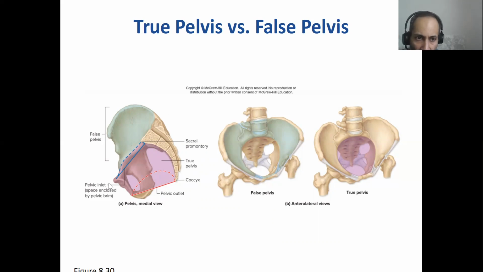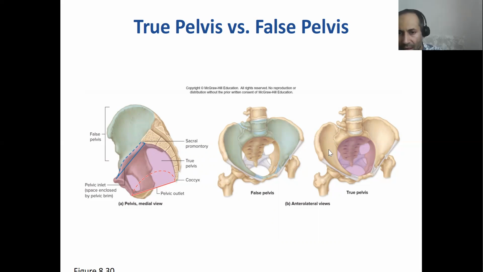So as you can see, the true pelvis extends from your pubic tubercle all the way back to the base of your coccyx, right there, okay? Everything underneath here is your true pelvis, and everything above there, which includes your ilium, mostly the iliac region, is the false pelvis. So what's the difference physiologically, or even anatomically, between the true and the false pelvis?